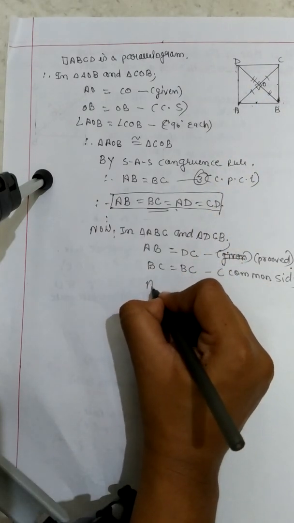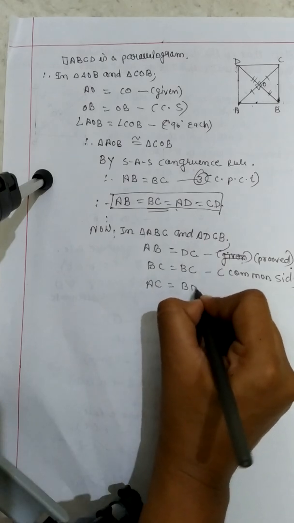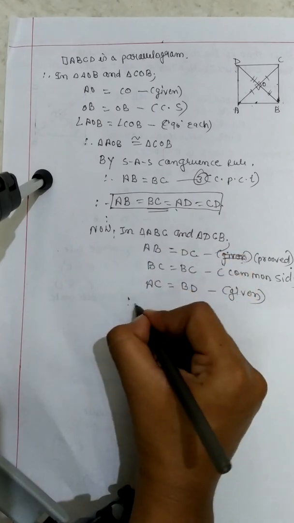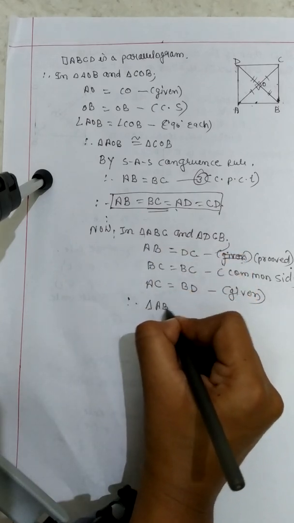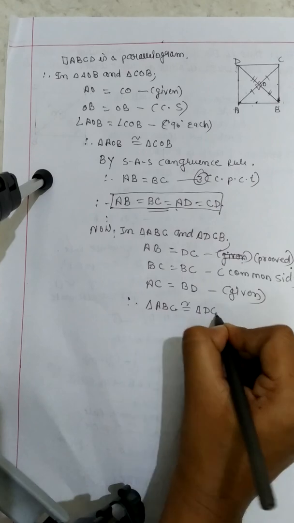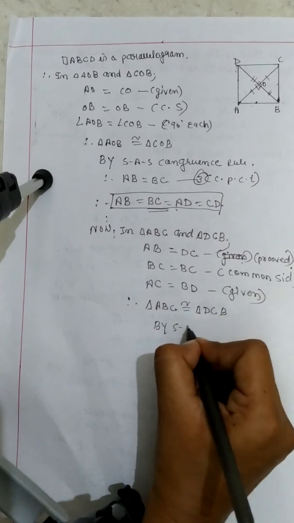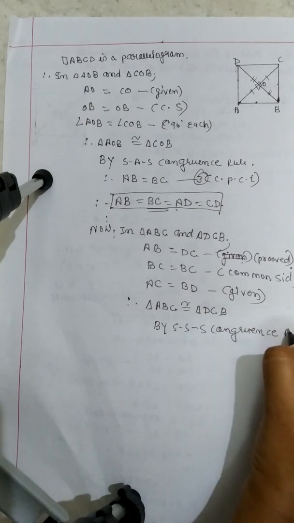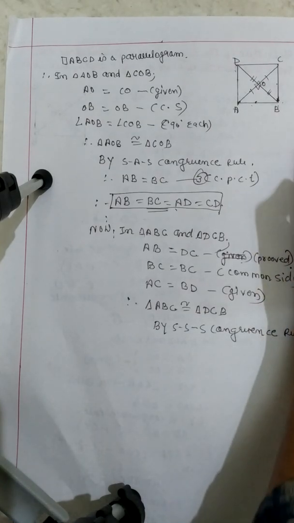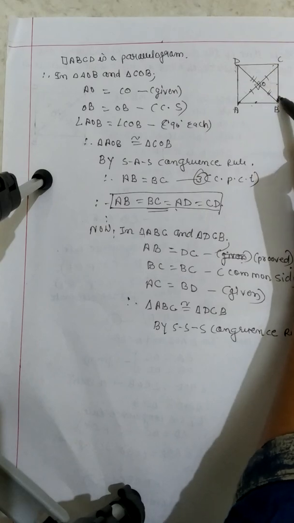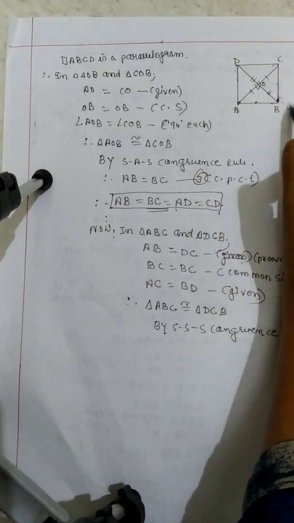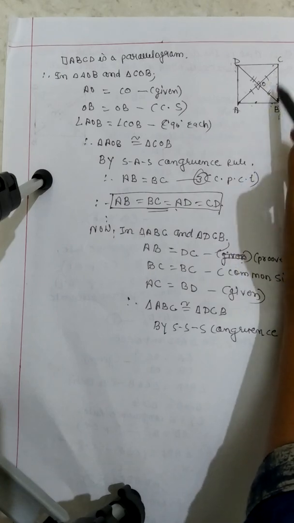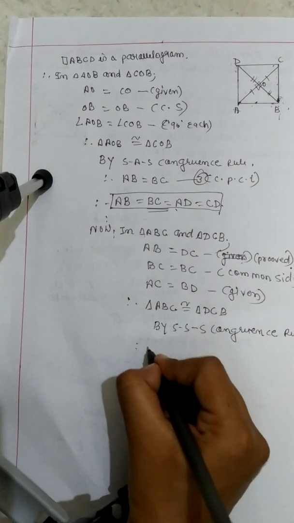So as all three are sides, triangle ABC is congruent to triangle DCB by SSS congruence rule. As I said, I need to show it as 90 degrees, so I should prove these two angles as equal, such that when these two lines are parallel, BC will be a transversal and the sum of these two angles will be 180. That is the reason we have done this method.